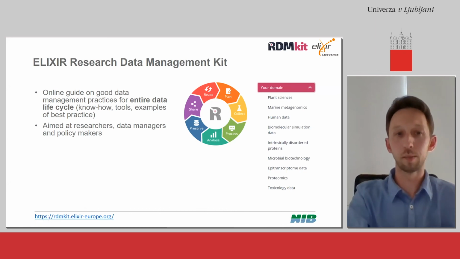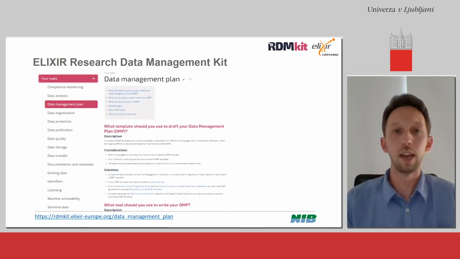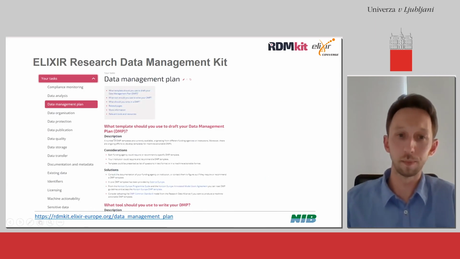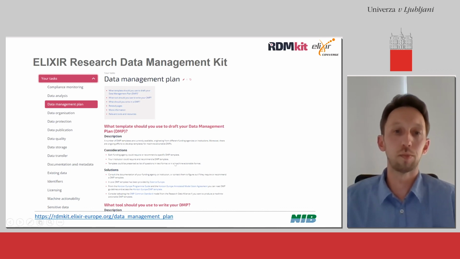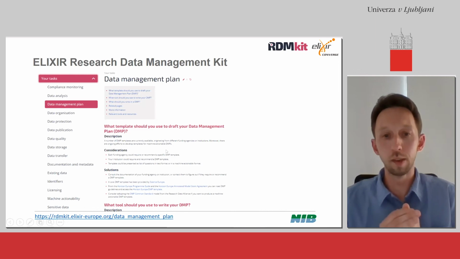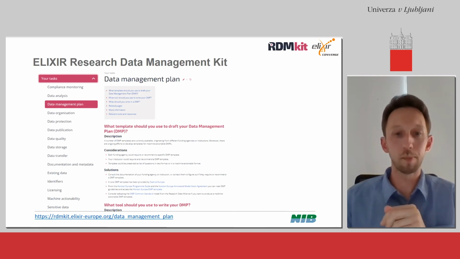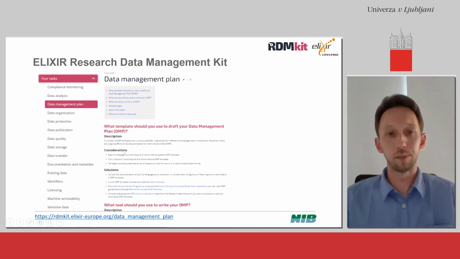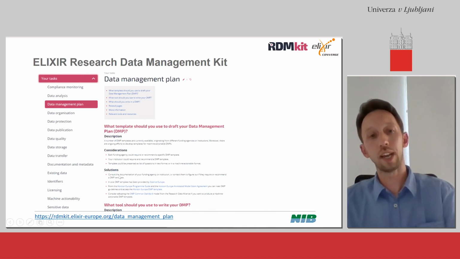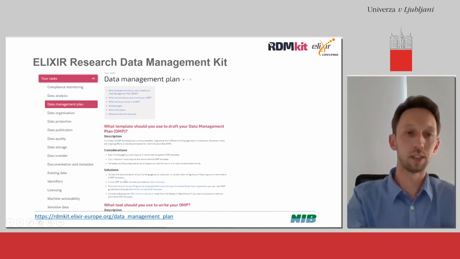It's aimed at both researchers and data managers, also policymakers, and they have really good pages not only for certain disciplines, but also general ones such as how to do the data management plan, which might be interesting for PhD students also, because there are some templates, and they're showing considerations and also solutions for this.